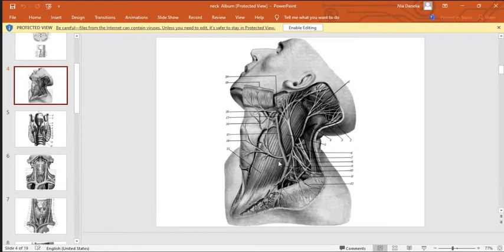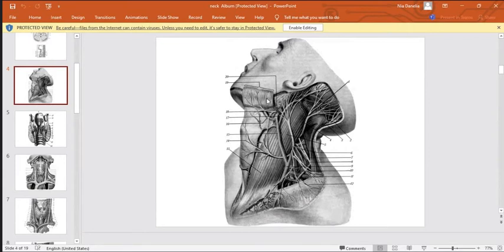This transverse cutaneous nerve comes from the cervical plexus, which provides innervation of the skin of this area. So the cervical plexus, we have told, is formed by the union of the C1 to C4 cervical nerves. All these branches of the cervical plexus consist of cutaneous nerves, which innervate the skin of the neck region, and this branch, the transverse cervical nerve, we have also in the submandibular triangle.